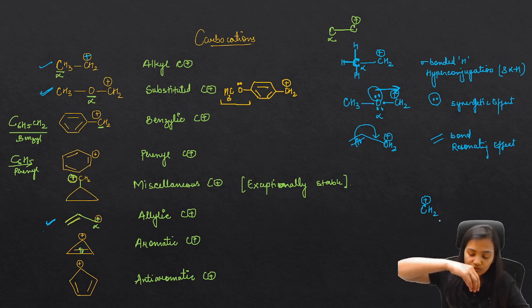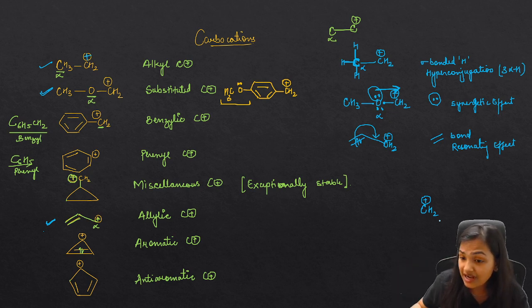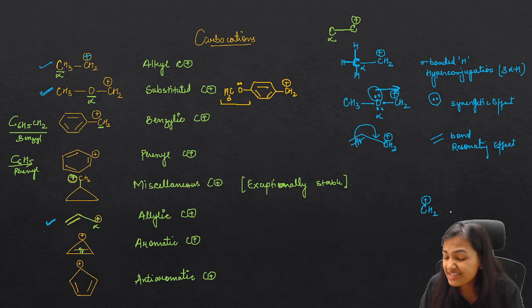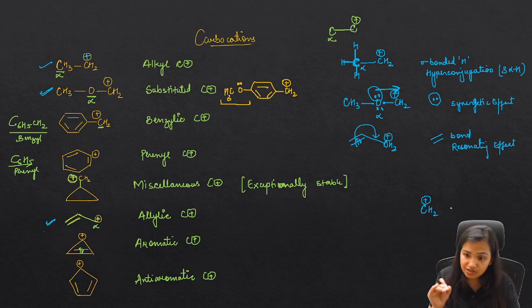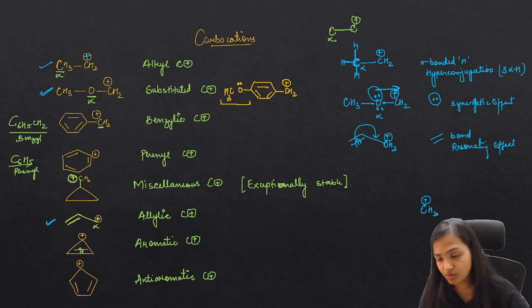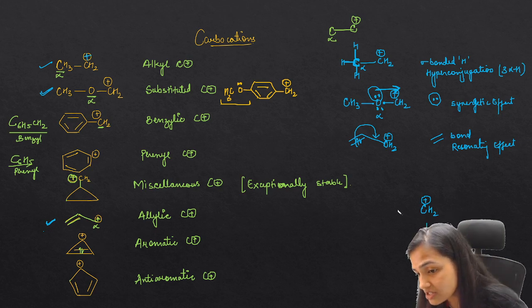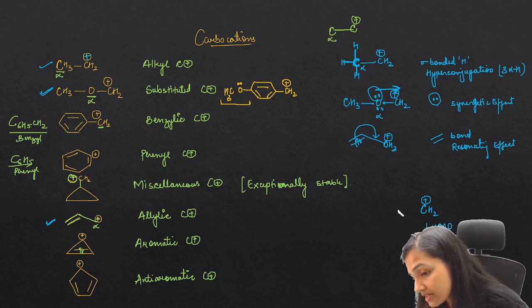So what I want to make you understand is that the carbocation, which is asking for the electron, is basically lower in its energy. The energy of that particular carbocation has to be low. Okay, so the carbocation is in its lowest state. That is, this is the lowest unoccupied molecular orbital.